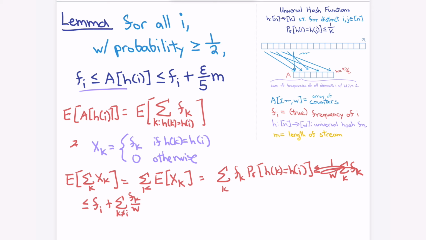Now, this sum isn't the end of the world, but we can make it a little bit simpler, and relate it back to our statement.